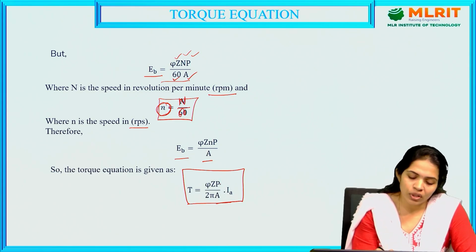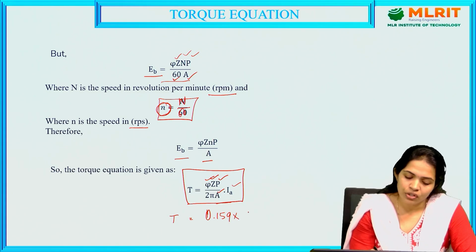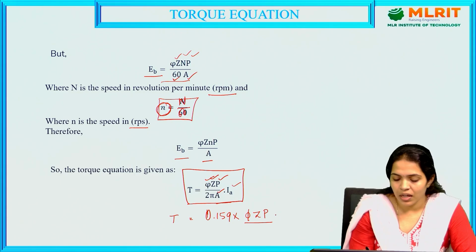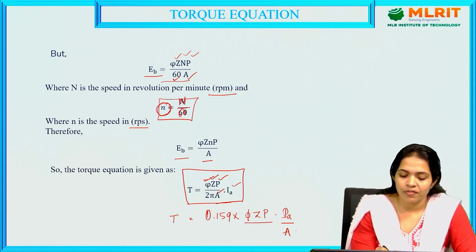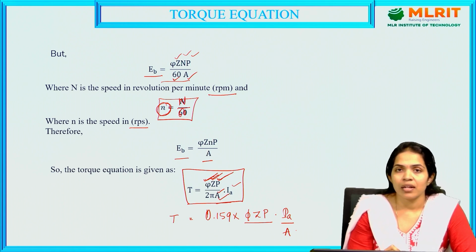When we know the number of parallel paths, the armature current, and the flux is going to vary, I can write this as 0.159 into phi ZP into Ia by A, where phi is the flux in Webers, Z is the number of conductors in the armature, P is the number of poles in the stator, A is the number of parallel paths, and Ia is the armature current.